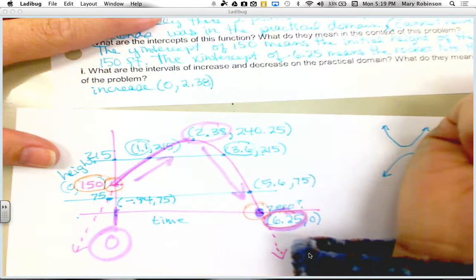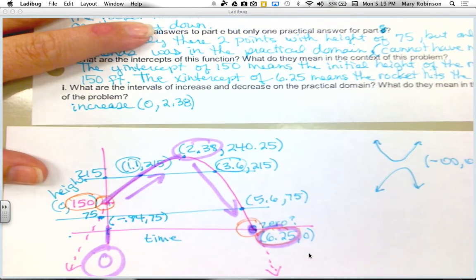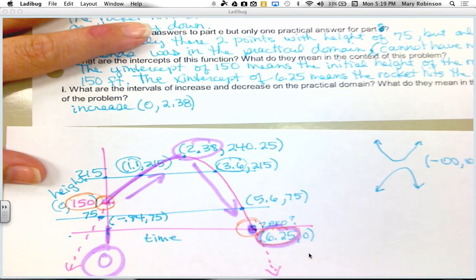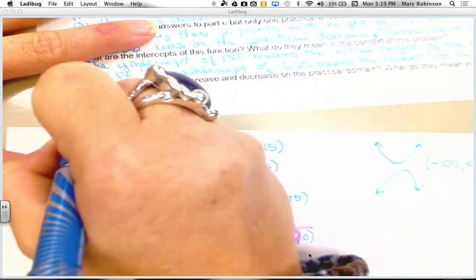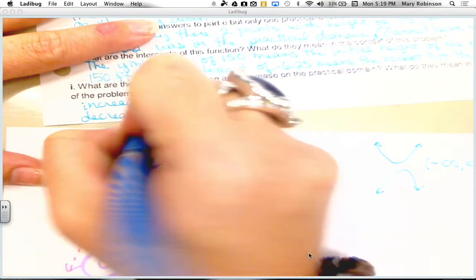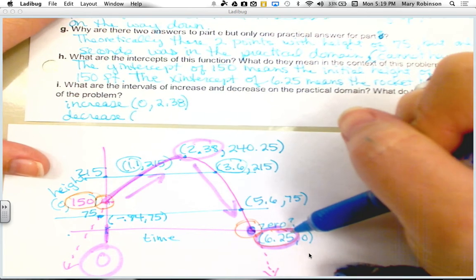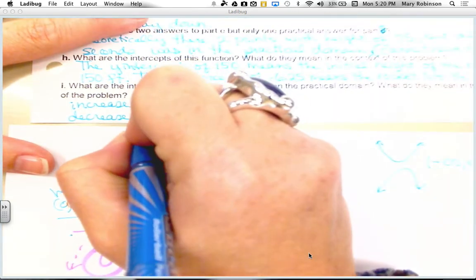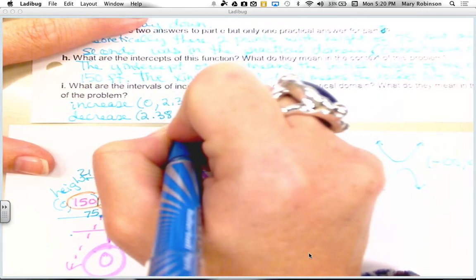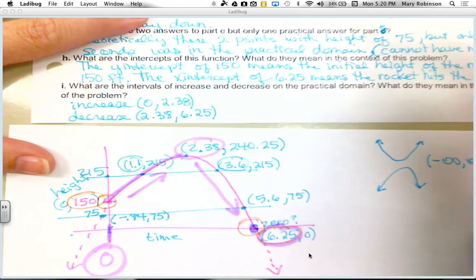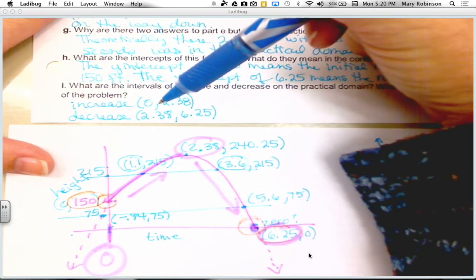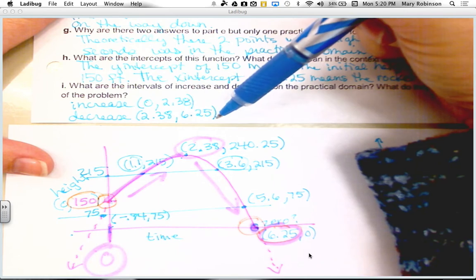Remember never to use brackets like you can with domain and range. Intervals will always be with parentheses. And then for decrease, it's decreasing on the interval from 2.38 to 6.25. Notice that covers the span of our practical domain from 0 to 6.25.